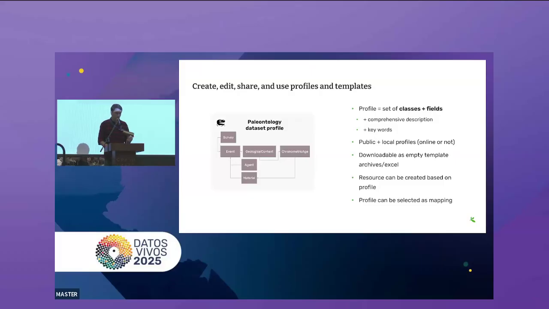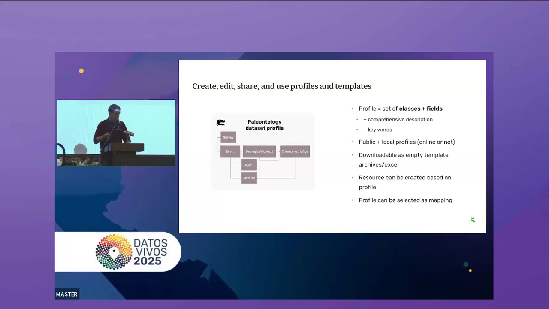So we have to find a UI solution to solve this issue. One of the ideas is to introduce a new concept of a profile or a template, which would be a subset of the model with some tables and fields, with a comprehensive description of it and some keywords for search. They can be public or local, downloadable online or not.